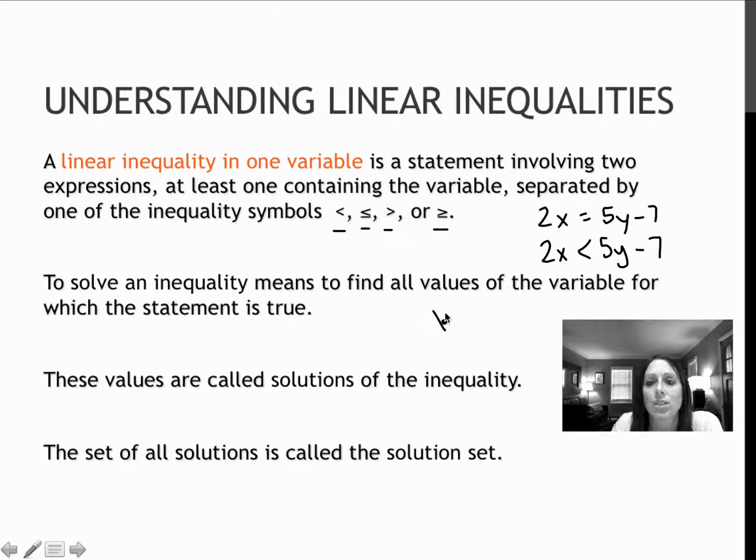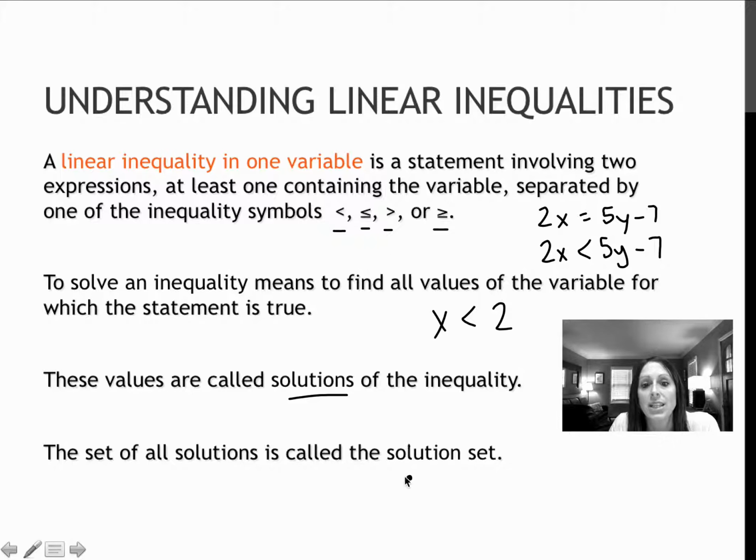So if I get an answer that is x is less than 2, that means any number less than 2 could be plugged in and make the equation true. So I could plug in 0, I could plug in negative 5,000. There's an infinite number of solutions, but they all have to be less than the value of 2.